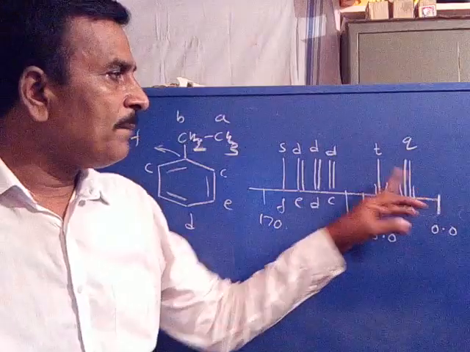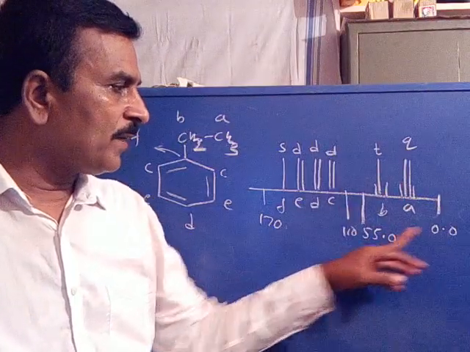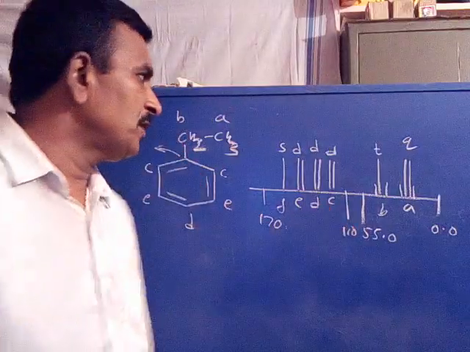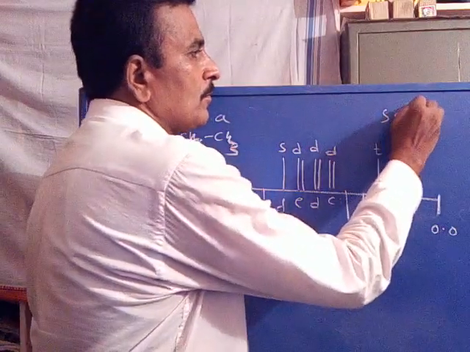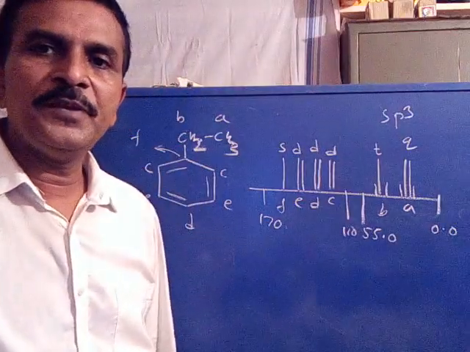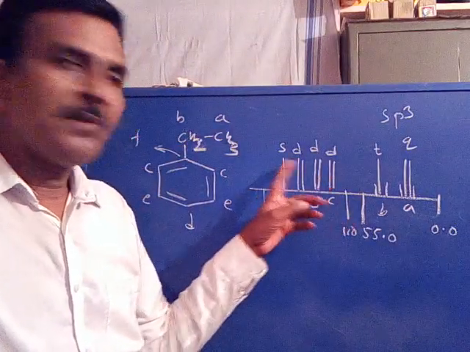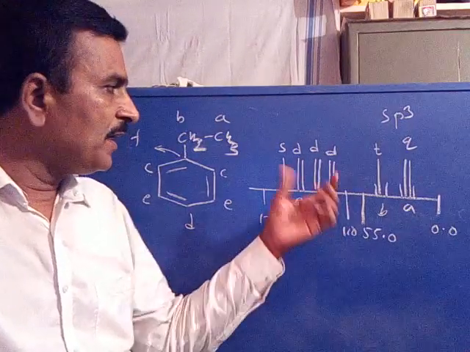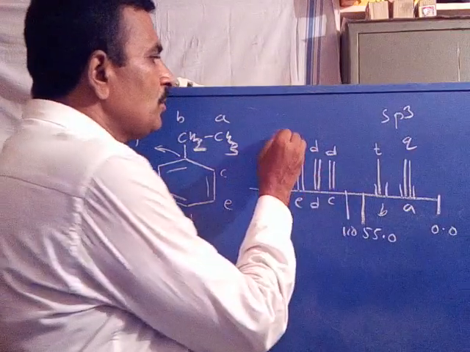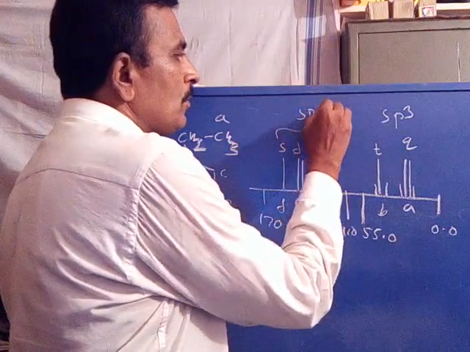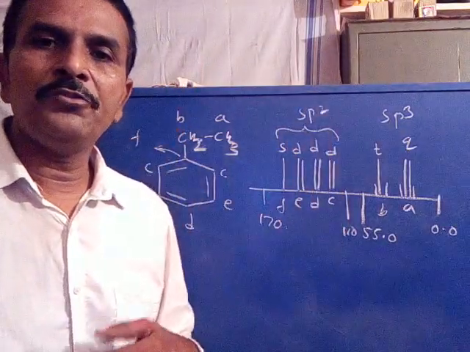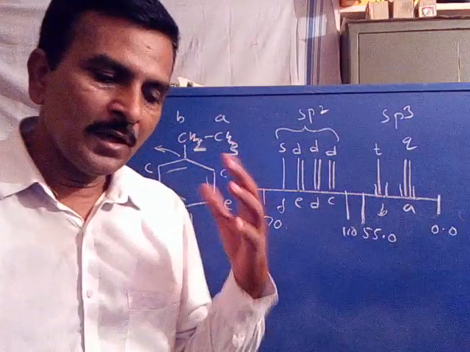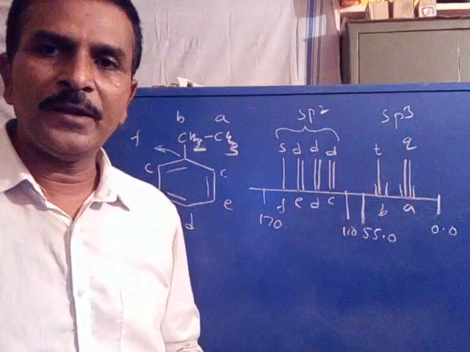Now A and B signals lie between 0.0 to 55.0 ppm, so there are 2 sp3 carbons. The remaining carbon signals lie between 110 to 170 ppm, indicating these carbons belong to sp2. Is it clear? So this is about the information obtained from C13 NMR spectroscopy.